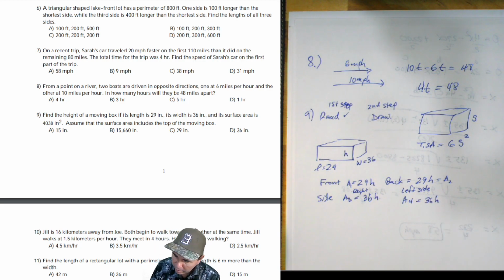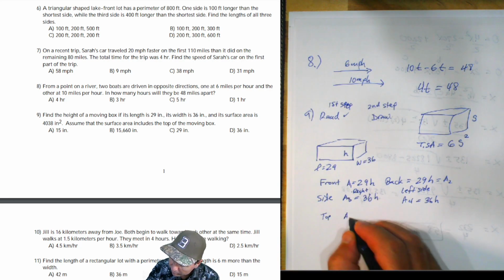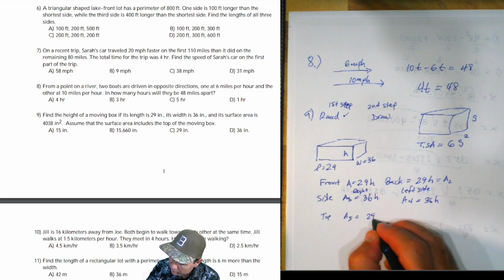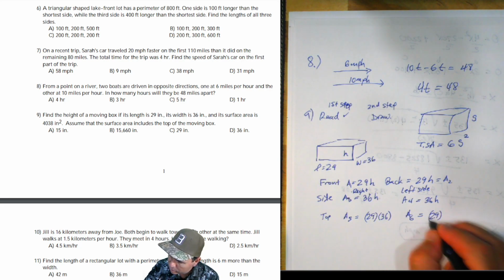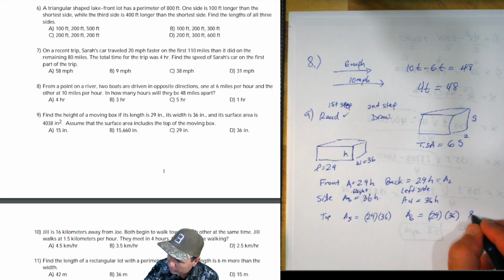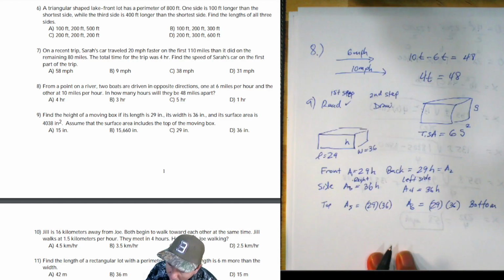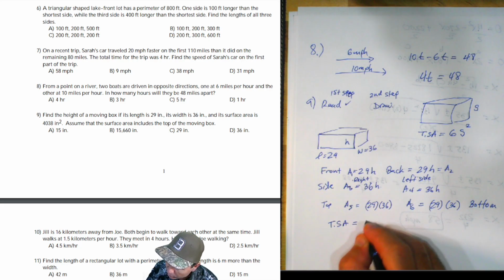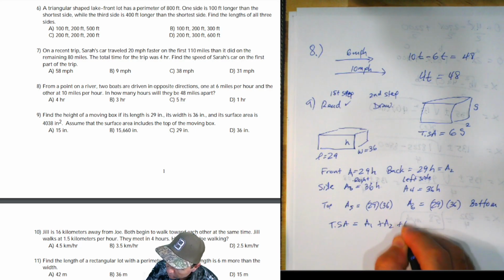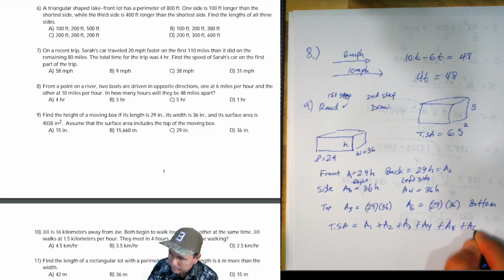Okay, and then we're going to have the top and the bottom, right? The top area would be area 5. That's going to be 29 times 36. And then area 6 is going to be also 29 times 36. And that would be the bottom, right? And they're including all sides. But we know that if I add up all the areas, that'll be your total surface area, and so the total surface area is equal to area 1 plus area 2 plus area 3 plus area 4 plus area 5 plus area 6.